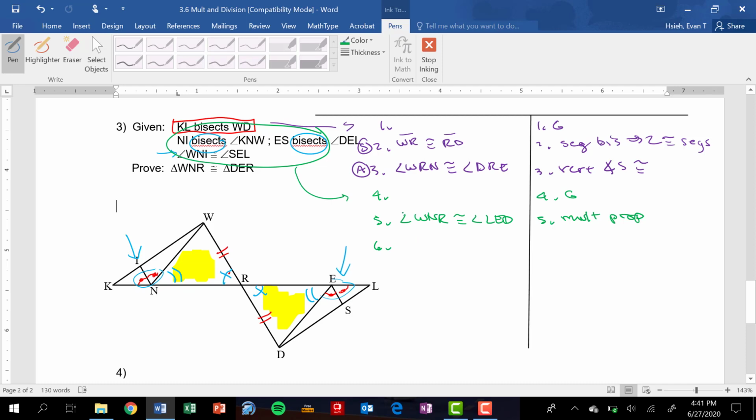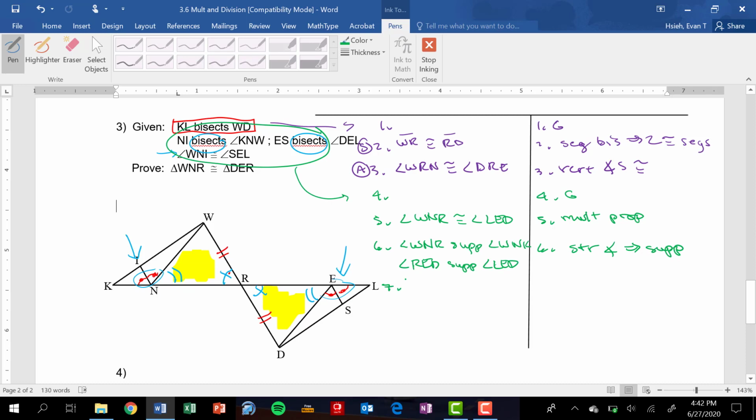Now that I have those congruent to each other, let's say that angle WNR is supplementary to angle WNK, and angle RED is supplementary to angle LED. I think we said in the previous one, if you have straight angles and they're supplementary, we can assume straight angles.